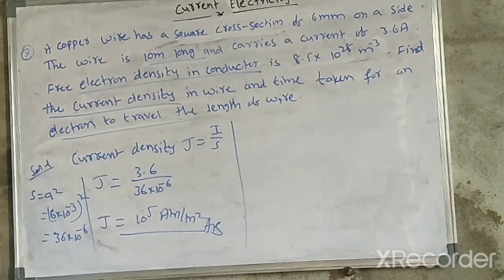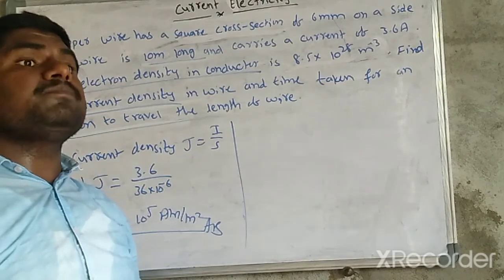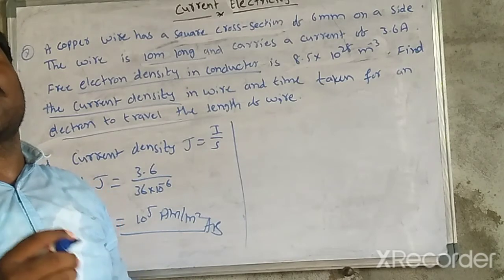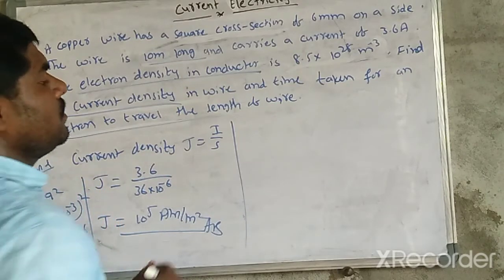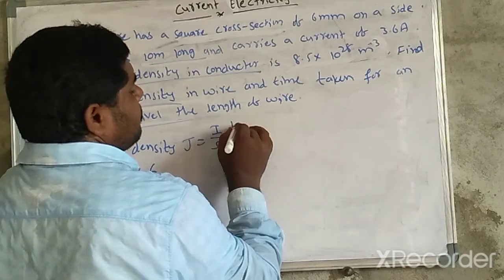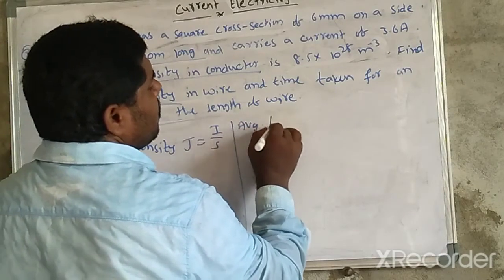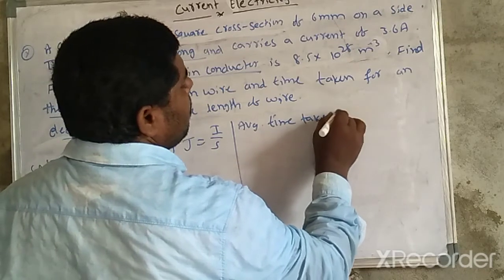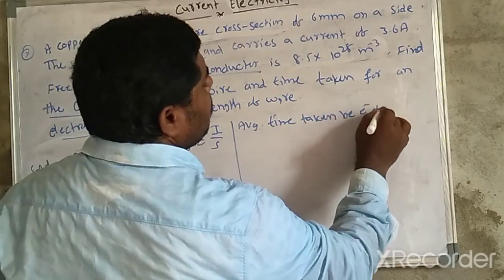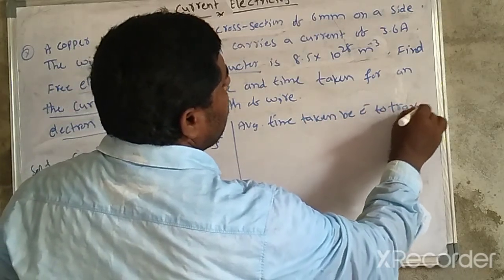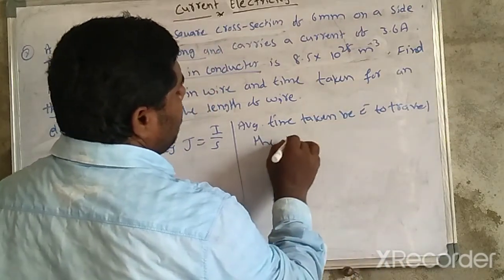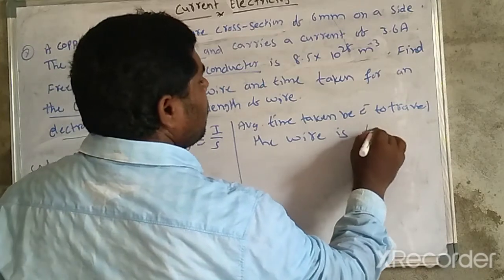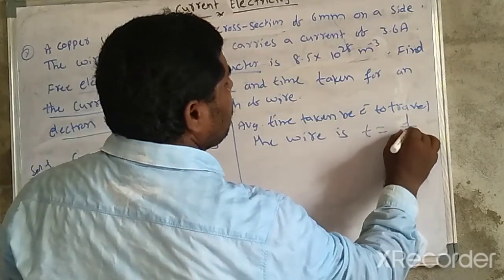Now second question, what are they asking here? The average time taken by an electron to travel the wire. So here the average time taken by an electron to travel the wire is T is equal to L divided by velocity, length by velocity.